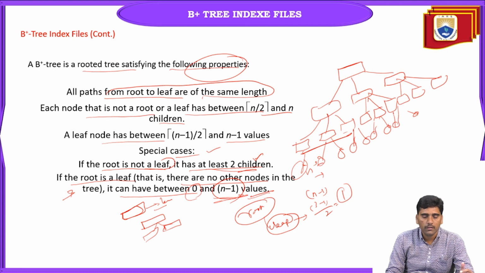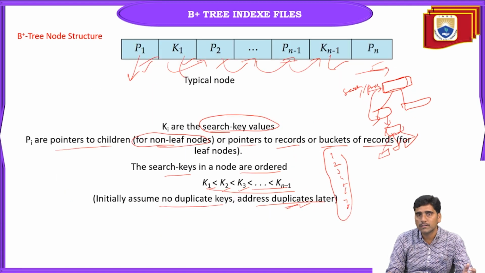And the B plus tree follows certain conditions or properties: the root node has at least two children, and each internal node has between 3 and 6 children. Here is the B plus tree node structure.